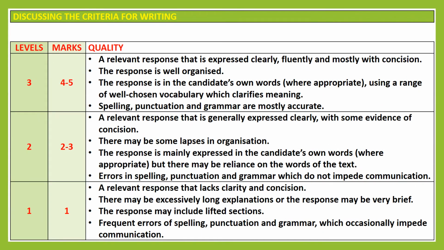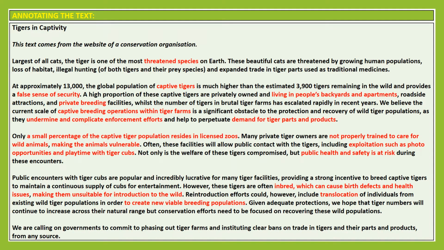Now let's consider the writing criteria. The quality of your work will be assessed out of 5 marks according to defined writing standards. Your response must be clear, coherent, and well structured, using accurate vocabulary and demonstrating a high level of correctness in spelling, punctuation, and grammar.